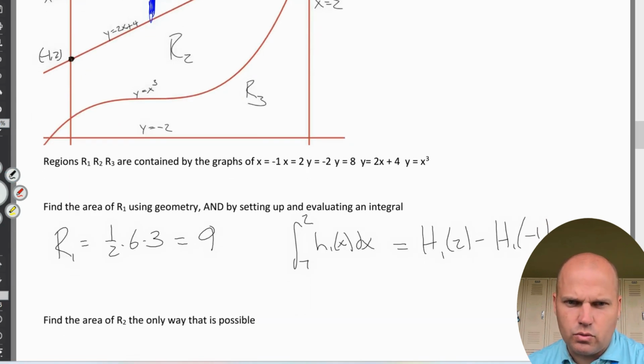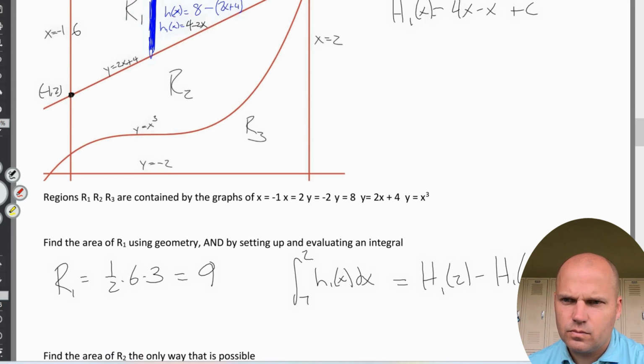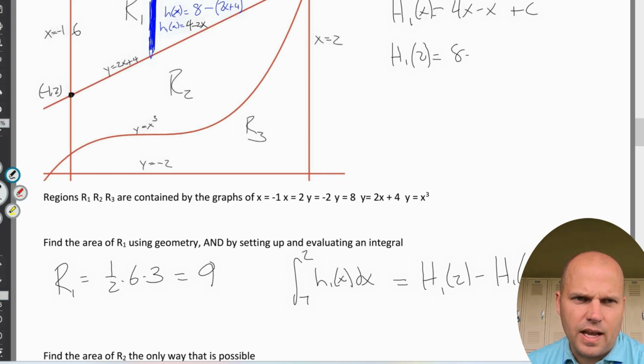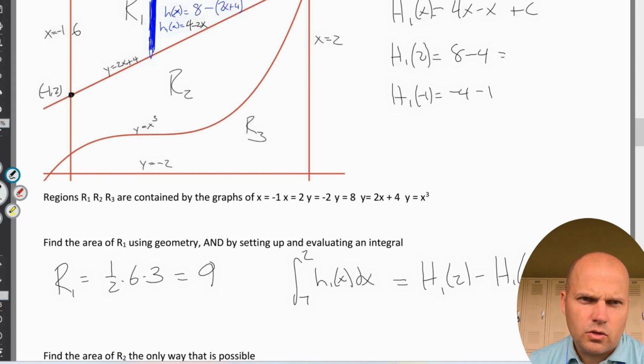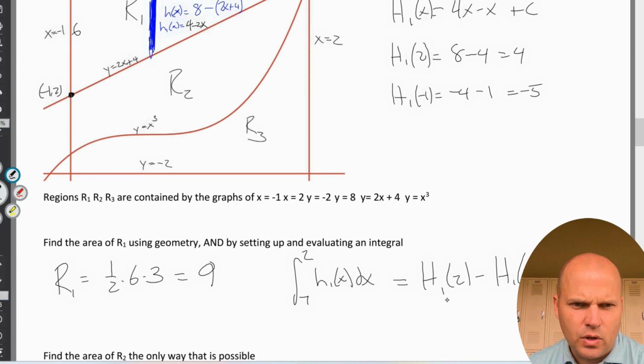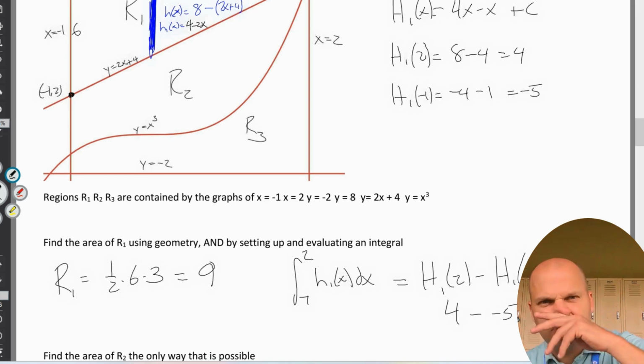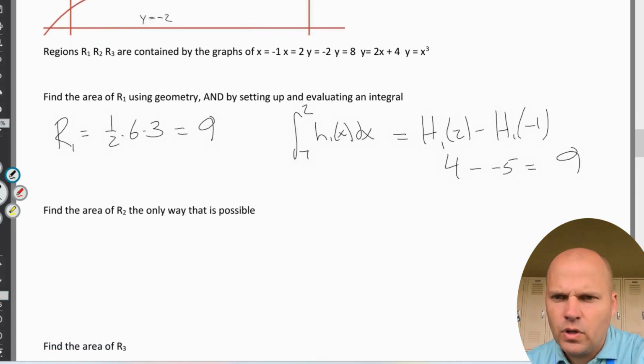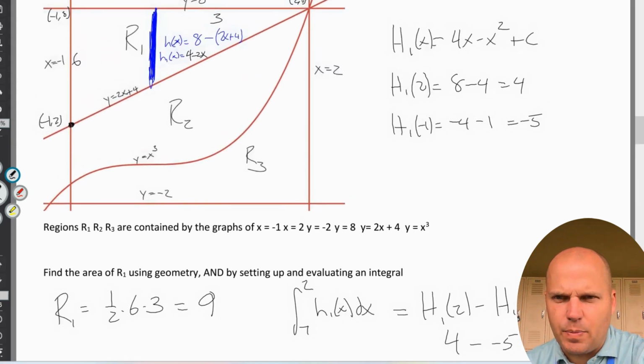I'm going to get 8 minus 4 and negative 4 minus 1. So I get 4 and negative 5. And there you go. 4 minus negative 5 is 9. Find the area of R2 the only way possible.